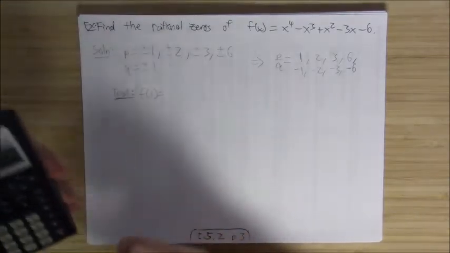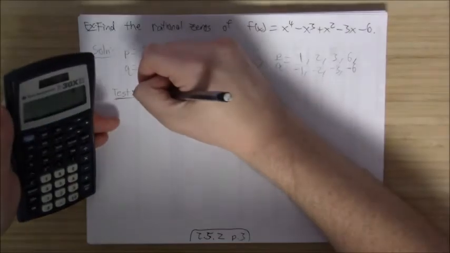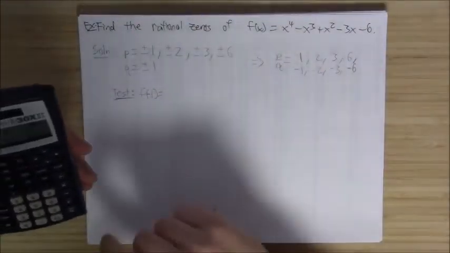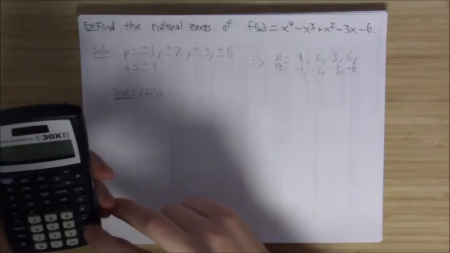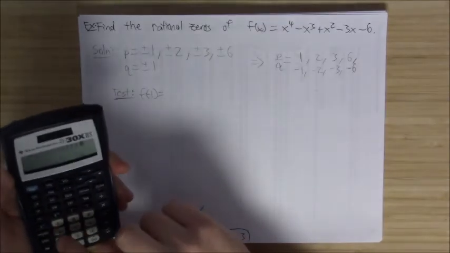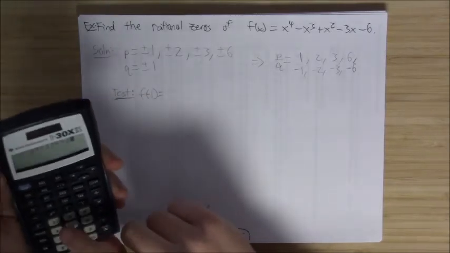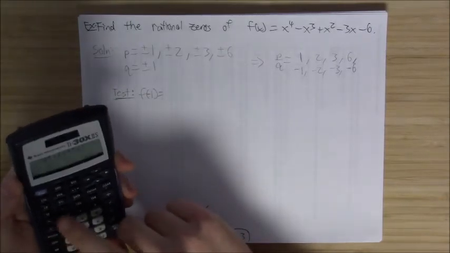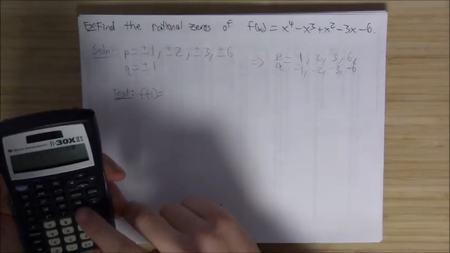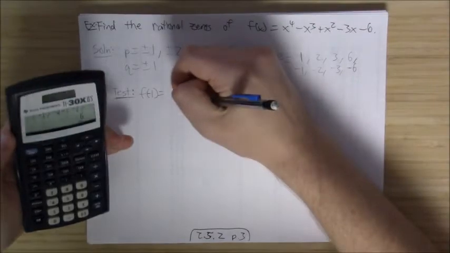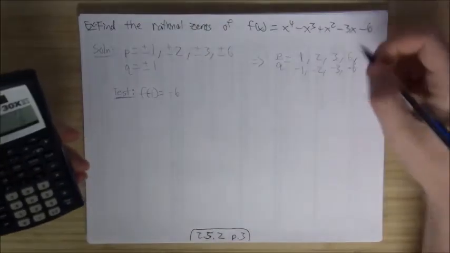So f of negative 1: negative 1 cubed plus 1 squared minus 3 times negative 1 minus 6, which gives negative 6 for f of negative 1.